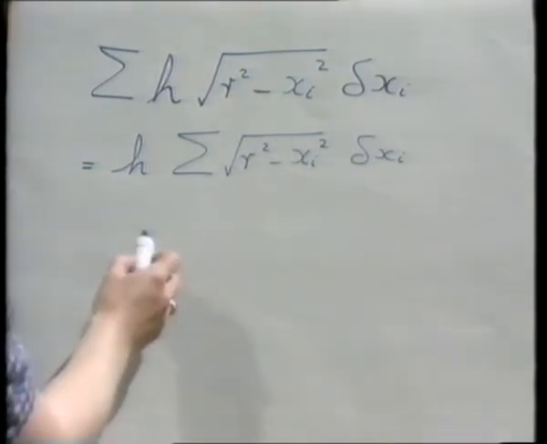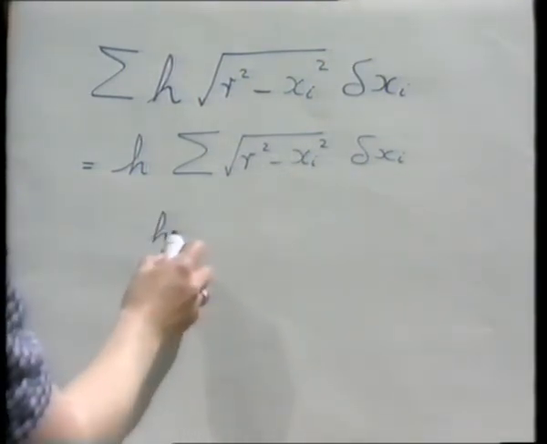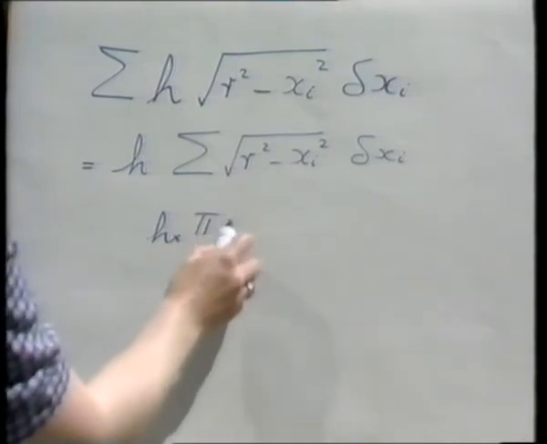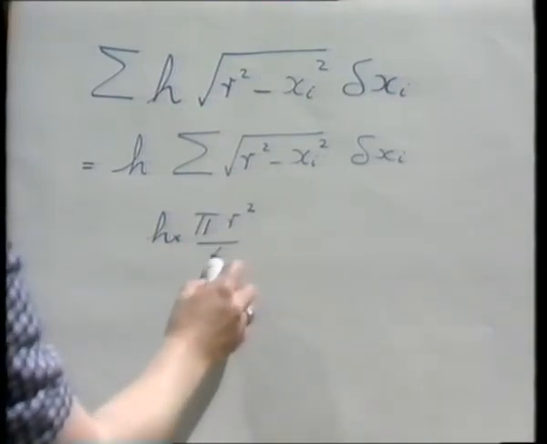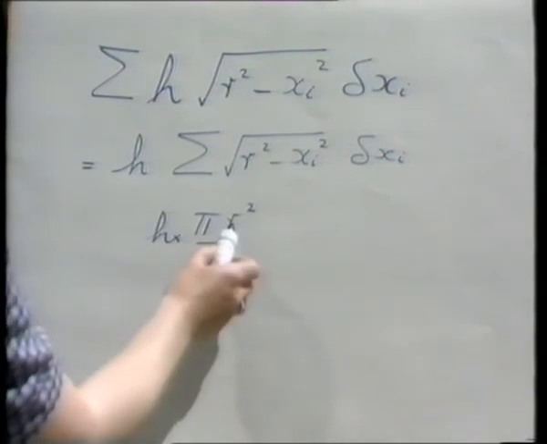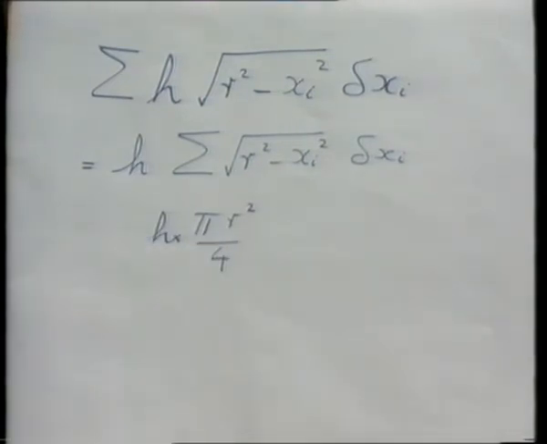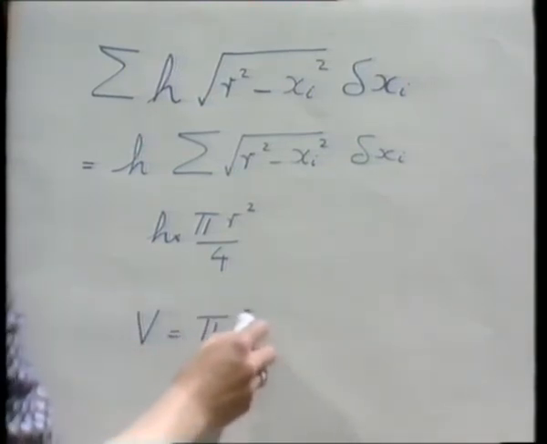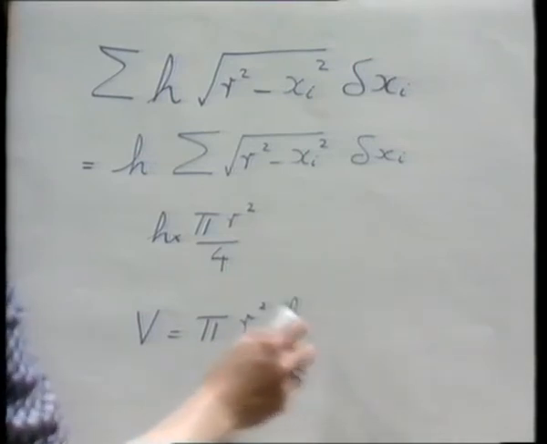And that's h multiplied by pi r squared over 4, or pi r squared h. So the volume of a whole cylinder V is pi r squared h.